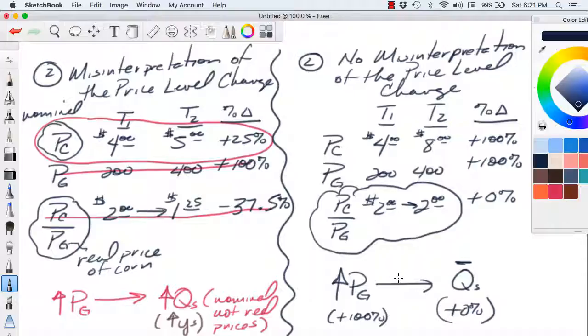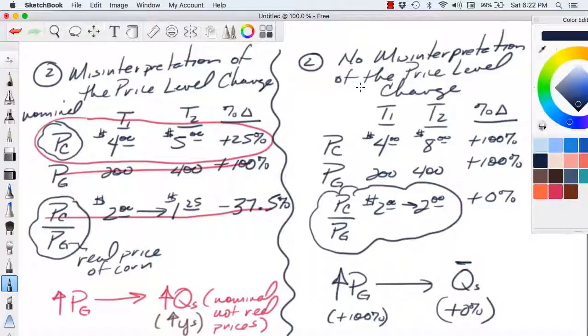Okay, so that's an interesting phenomenon, and you should be aware of that. Okay, well, this video has really gone on long enough. So what we've really done here is we've distinguished the shapes of the supply curve.